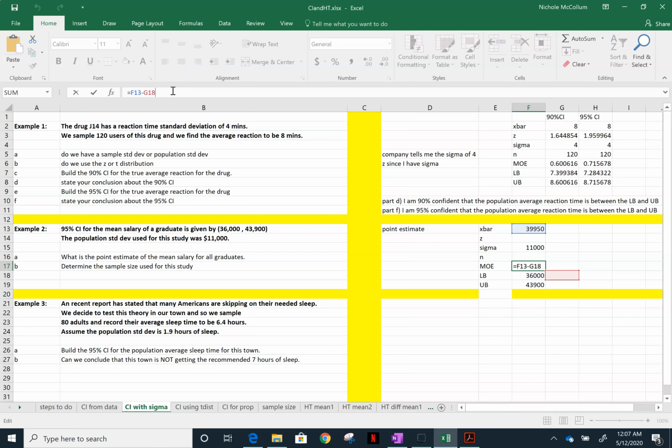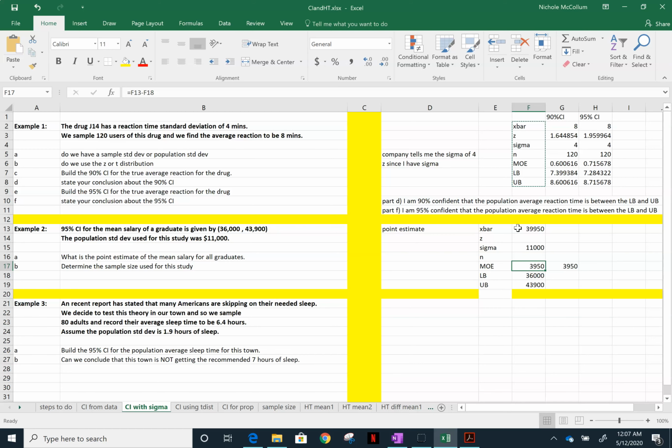For some reason, it feels like I did it wrong. So if I take my X bar and take off the lower bound, we get the margin of error. Same thing. If I take the upper bound and take off the X bar, I also get the margin of error. So it's a way for me to verify that I did do the math correctly when I did the average. This is all about understanding how to build a confidence interval right here.